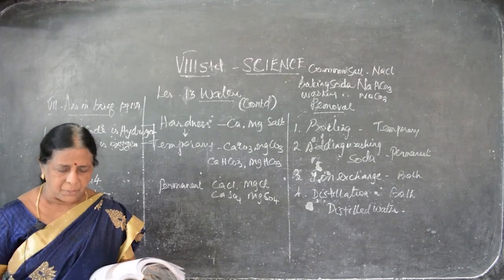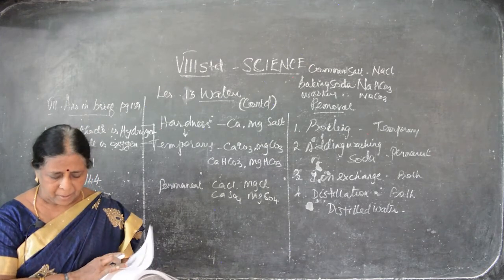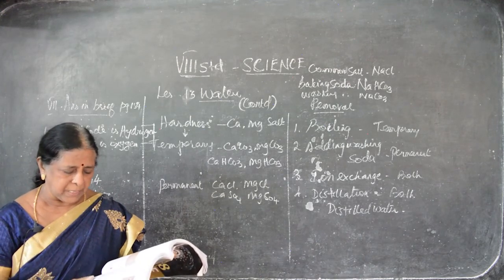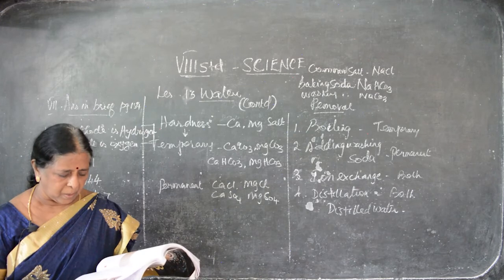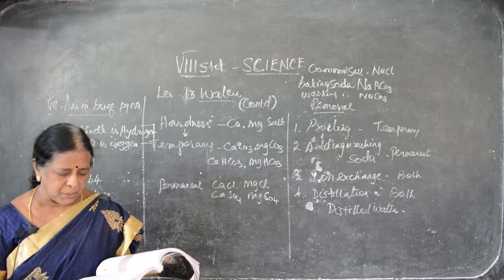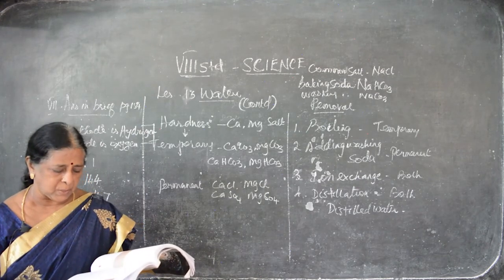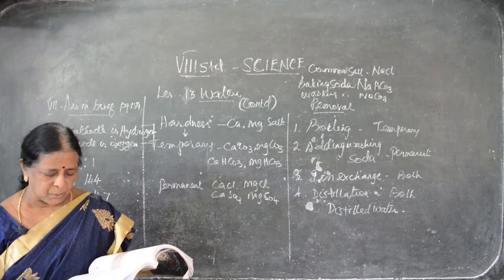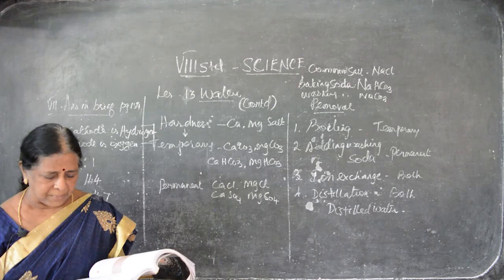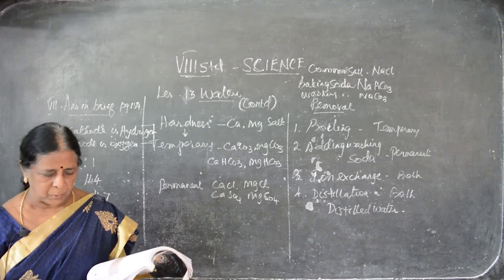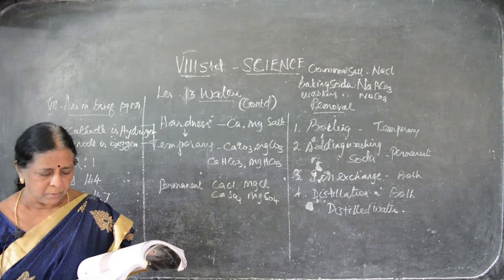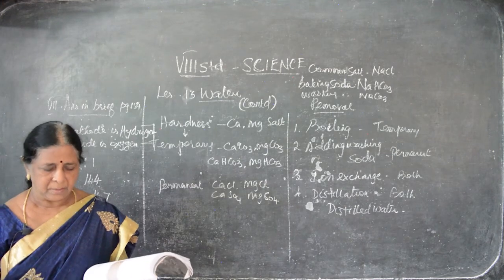Hardness of water, did you find out? Hardness of water is due to the presence of dissolved salts of calcium and magnesium. Hardness may be temporary or permanent. Temporary hardness is due to the presence of carbonate and bicarbonate salts of calcium and magnesium. Permanent hardness results due to the presence of chloride and sulfate salts of calcium and magnesium. Close the brackets. Clear from the sixth line till last.